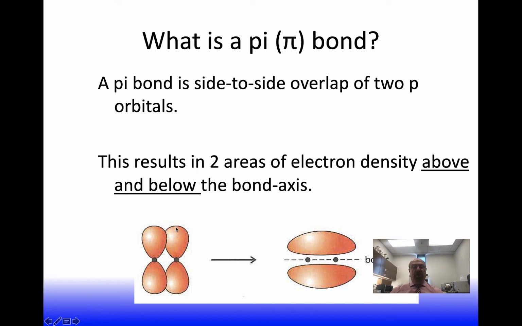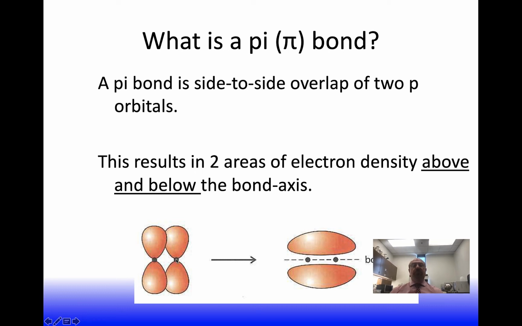So here you've got a p orbital on one atom, another p orbital on another atom, and they get close to each other. They can form a bond, and you notice that the electrons in those p orbitals now no longer look like dumbbells. They look like two sort of odd-shaped ellipses above and below the axis of the bond.